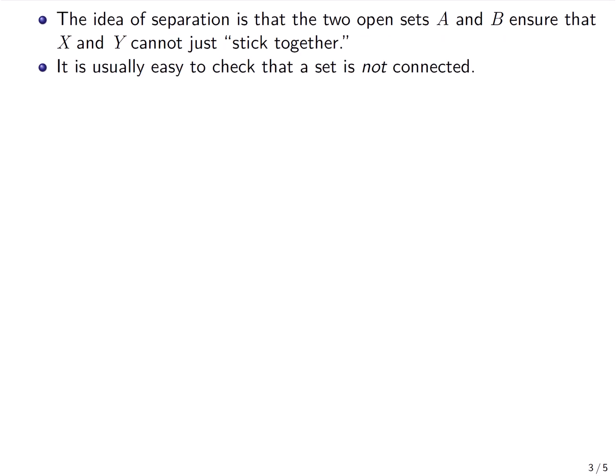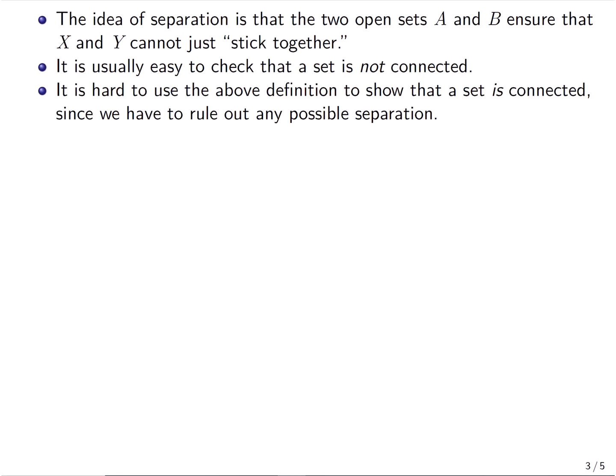It is usually easy to check that a set is not connected because you just need to find two open sets that can separate them. That part is easy. But it is hard to use this definition to show that a set is connected because you need to consider all possible cases where you cannot find a separation. If you just find a couple of them, it's not enough. So it can be confusing.